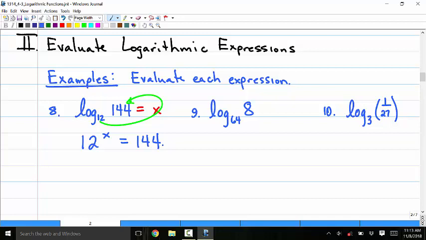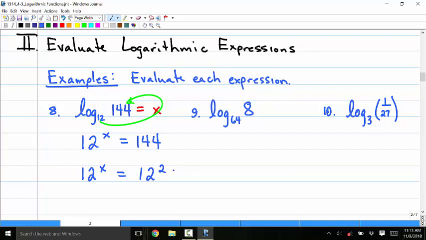Now, we talked about earlier in the chapter, if you have an exponential equation, which this is now, it has an equal sign, and you have the variable in the exponent, you need to get the same bases on both sides, right? So you could write 12 to the x is equal to 144, which is 12 squared.